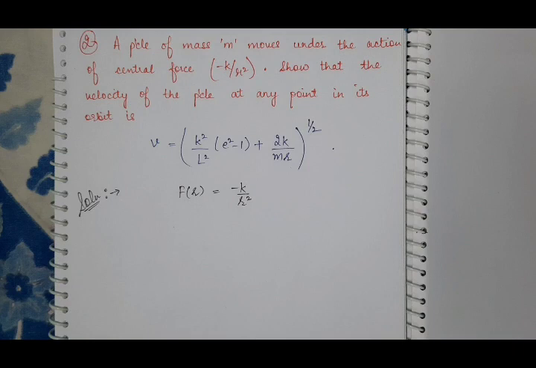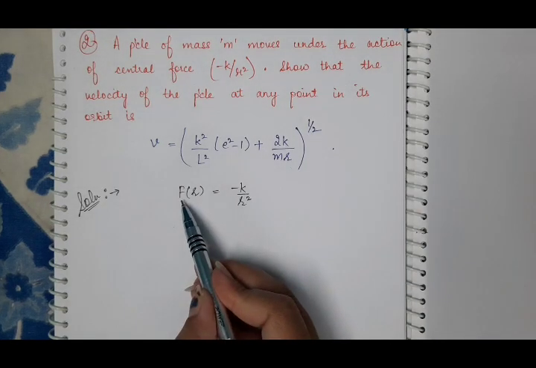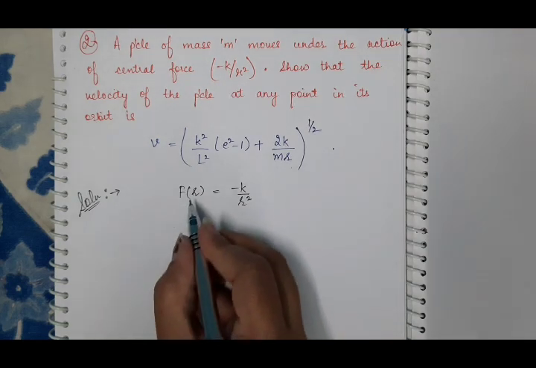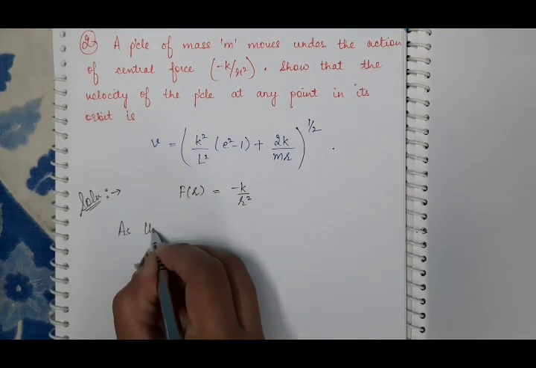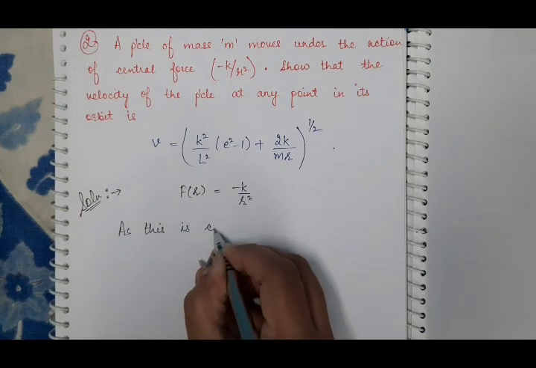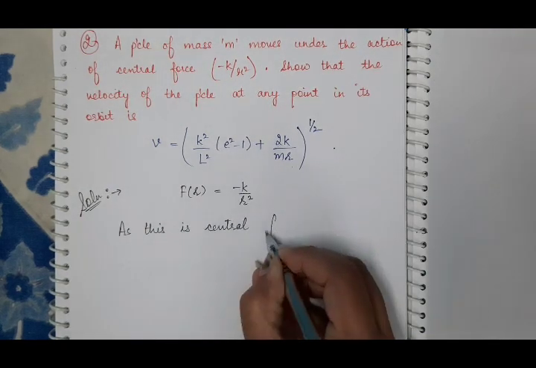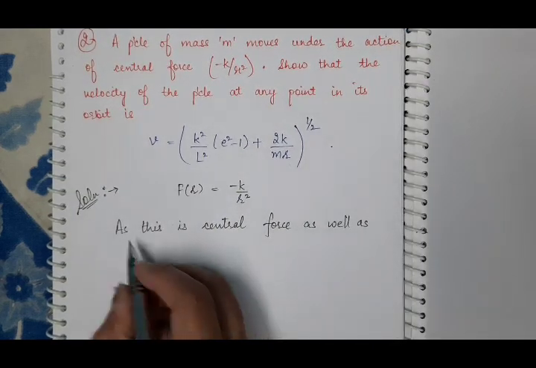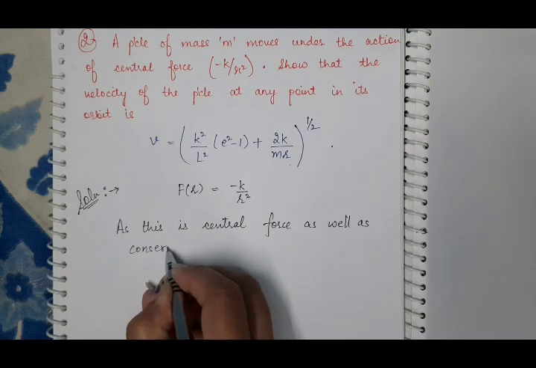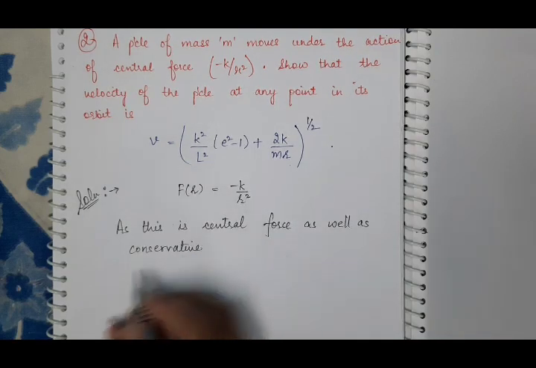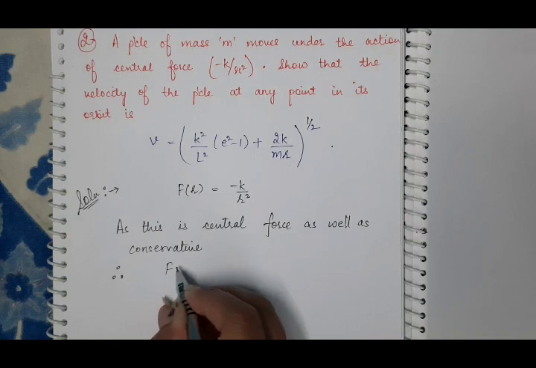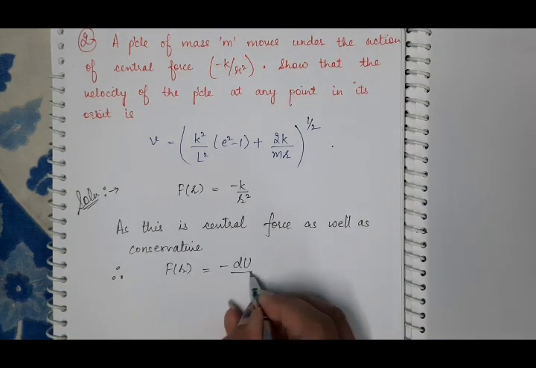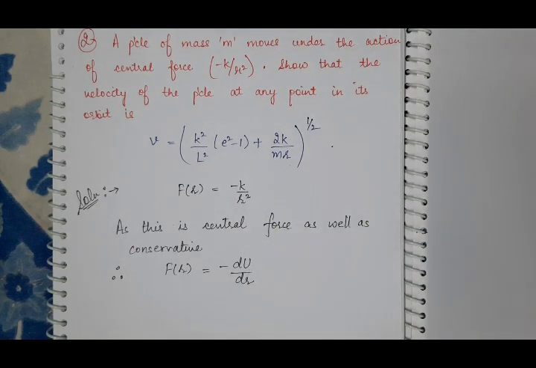So we need to put the value of u in that expression. And how will we calculate u? From this expression, F is equal to minus k by r square. And as this is a central force as well as conservative, therefore this central and conservative force can be represented as the negative gradient of potential energy, which we have discussed in the previous chapter.